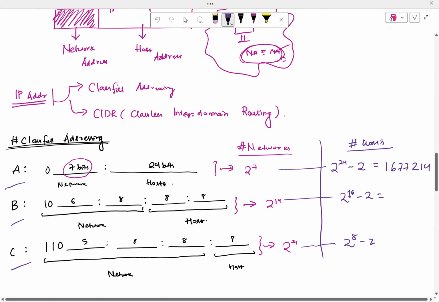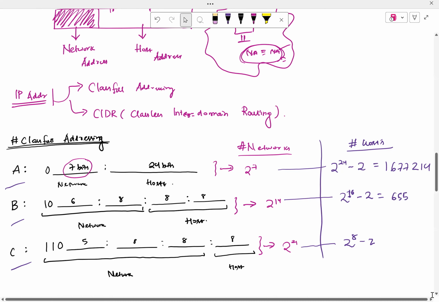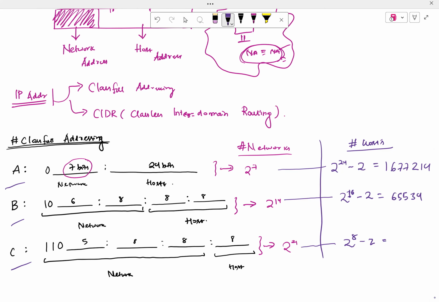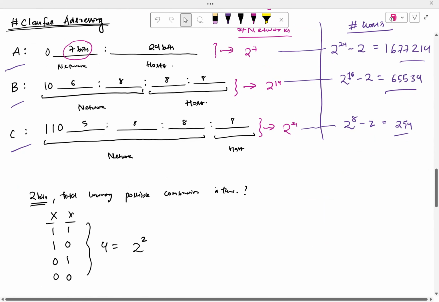And this will come out to be 2 to the power 16 minus 2, that is 65,534. And 2 to the power 8 is 256, minus 2 is 254. So this answers one more of your assignment questions, but I'll not tell you which one.